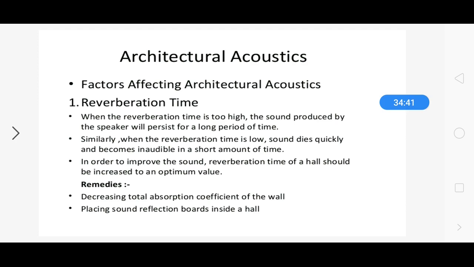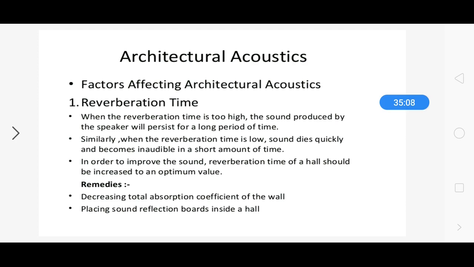If it is too small, it is inaudible. So we can conclude that the reverberation time is not too small and not too large. It is between 0.5 seconds to 1 second, and optimum reverberation should be maintained in the hall.